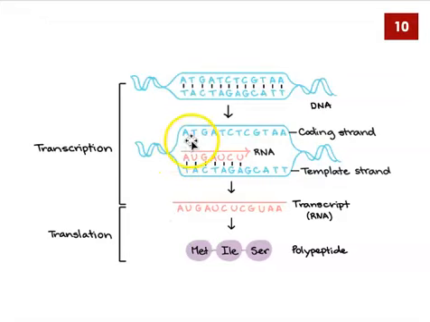So it's ATG in the DNA, AUG in the RNA, ATC, AUC, TCG, UCG. In other words, with the exception of the T's and the U's, the code, the sequence of the bases in mRNA matches the coding strand.